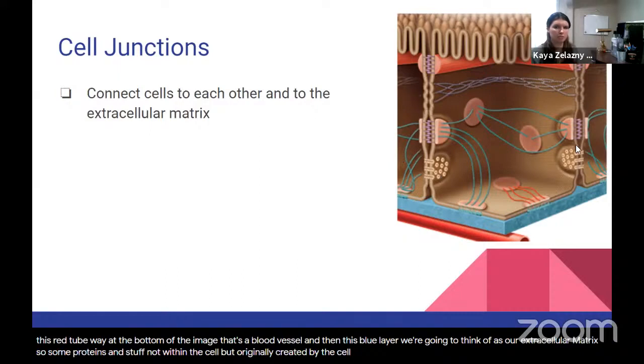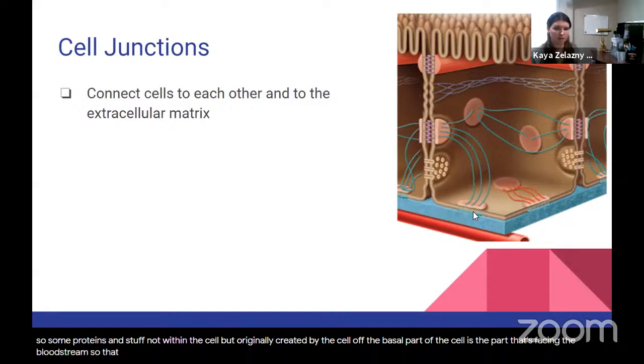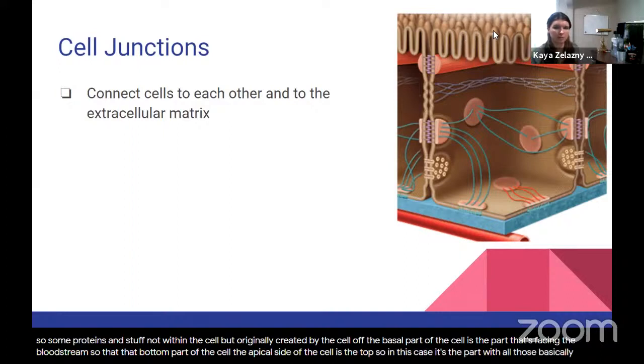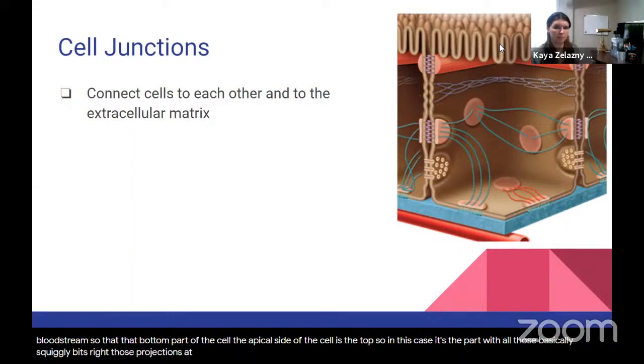Then in beige, we have the cell itself. The basal part of the cell is the part that's facing the bloodstream, so that bottom part of the cell. The apical side of the cell is the top. So in this case, it's the part with all those basically squiggly bits, right? Those projections at the top, that's the apical part of this cell.